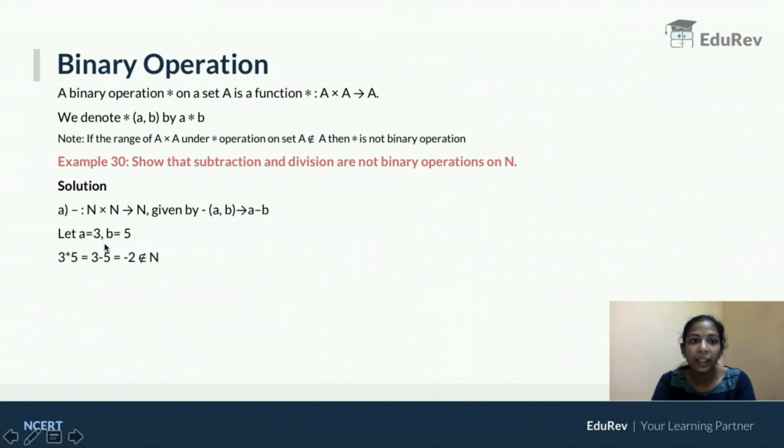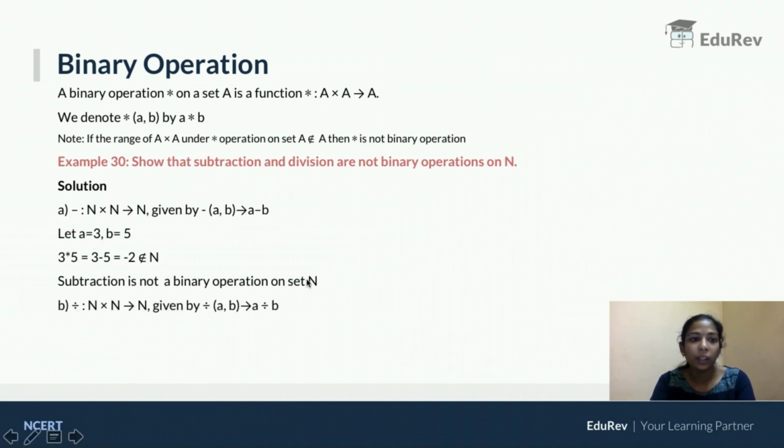So I can clearly say that it is not a binary operation on set N. If in the same question they had said integers, that would be a binary operation. So when you are checking for a binary operation, you always have to check properly on which set you are performing it. Let's go to the next question.